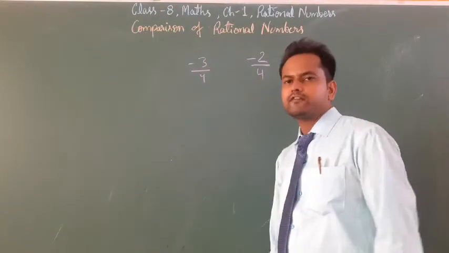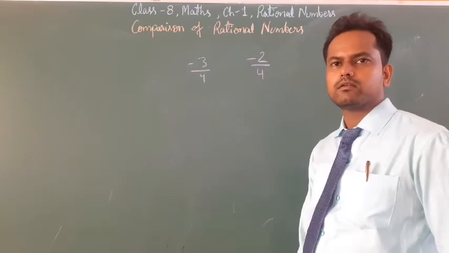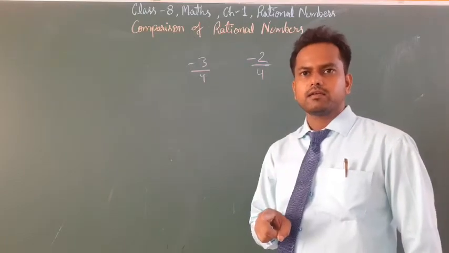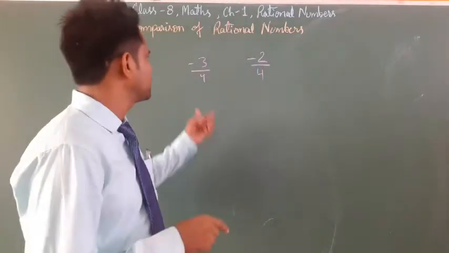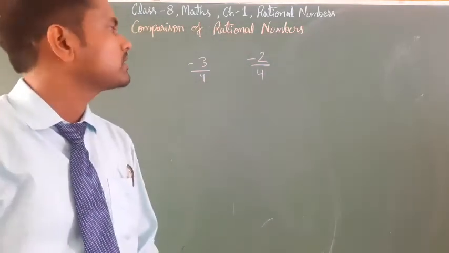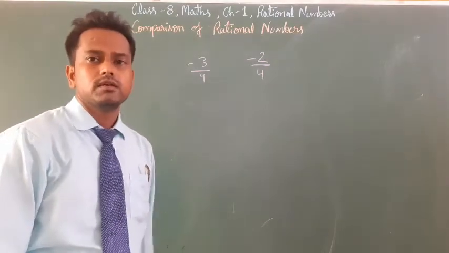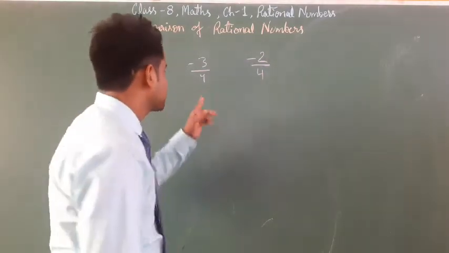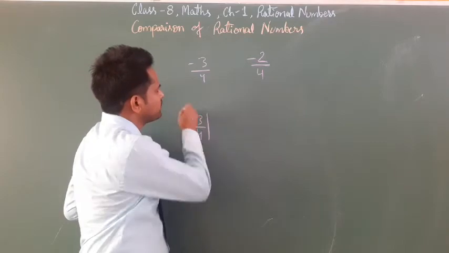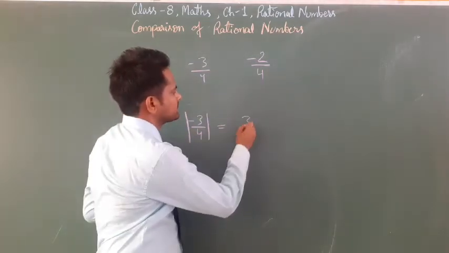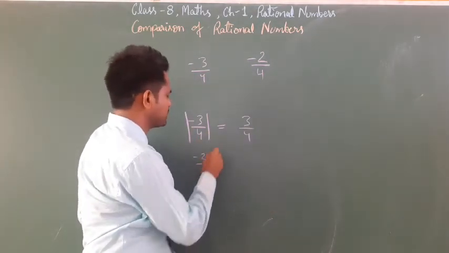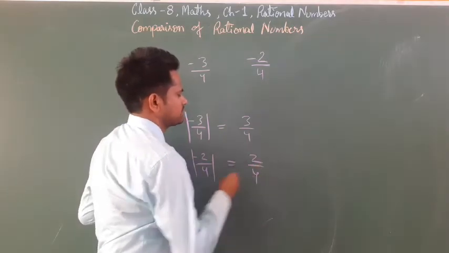The third rule is: when we compare two negative rational numbers, the one with larger absolute value is smaller. Now if we find the absolute value of minus 3 by 4, we get 3 by 4, and the absolute value of minus 2 by 4 is 2 by 4.